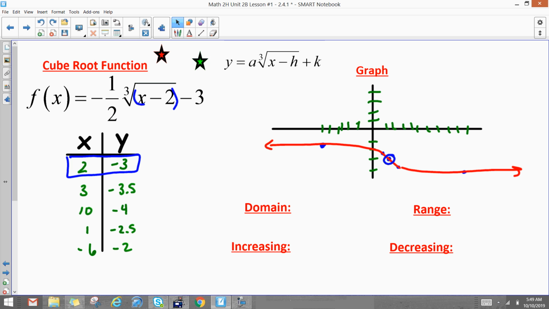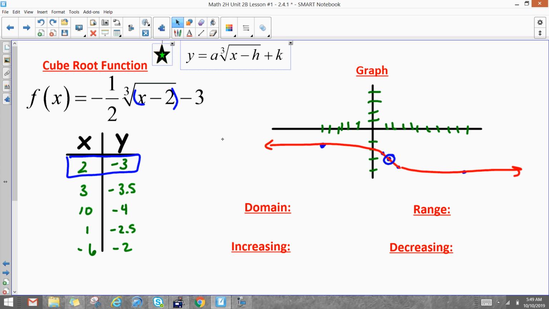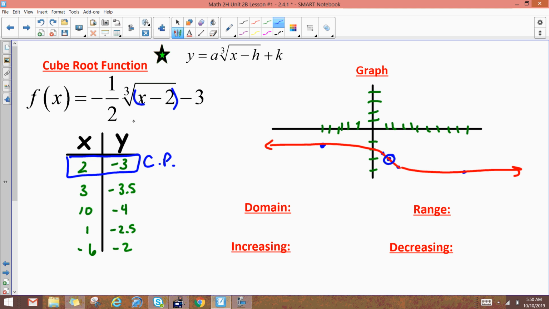So, just like we did before, we have this form, y equals a, there's our a value, the cube root of x minus h, and then plus k, which is very similar to our vertex form. So again, this would be our critical point, or what would look like our vertex from before. The opposite of -2 gives us a +2, again, because we have a subtraction, and then we just write our -3.